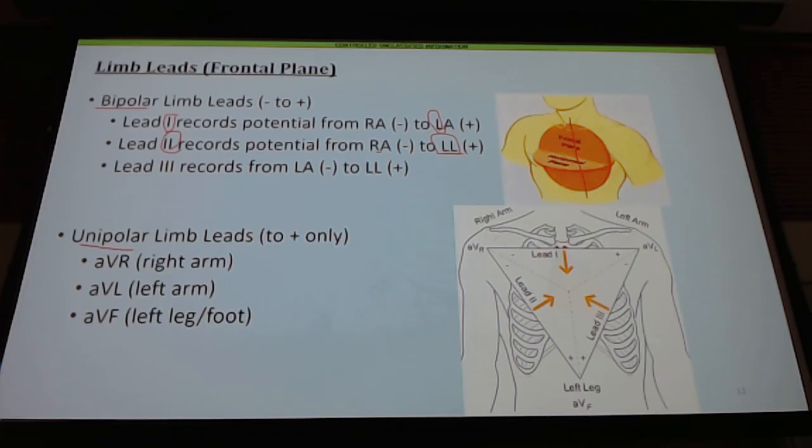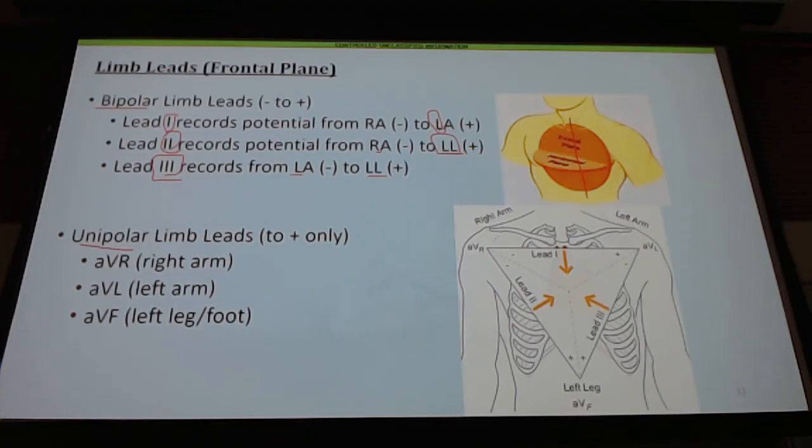And then lead 3 is your left arm, 1 L, to your left leg, 2 more L's, so 3 L's total. So that gives you an idea of which direction that flow of the action potential is going in that lead.